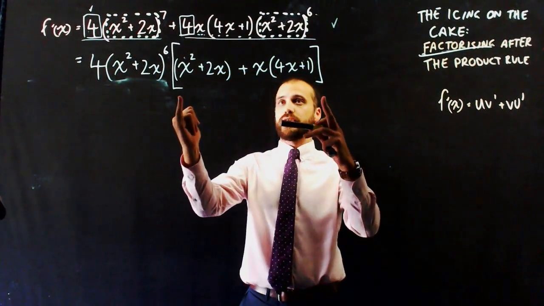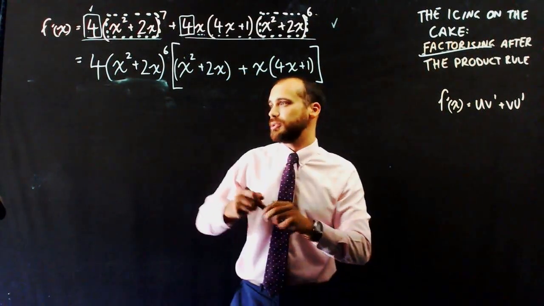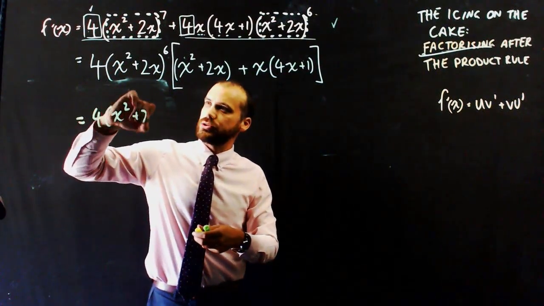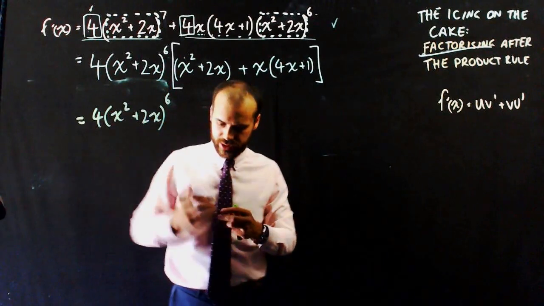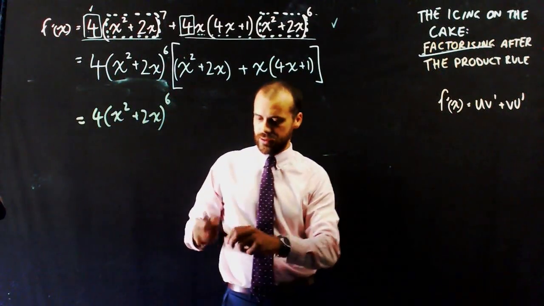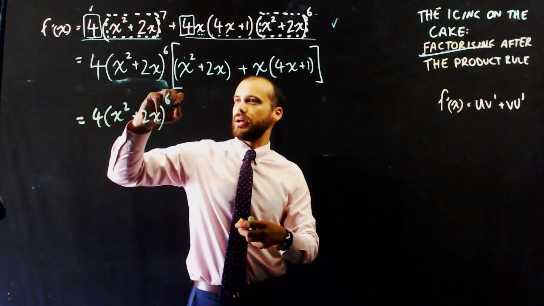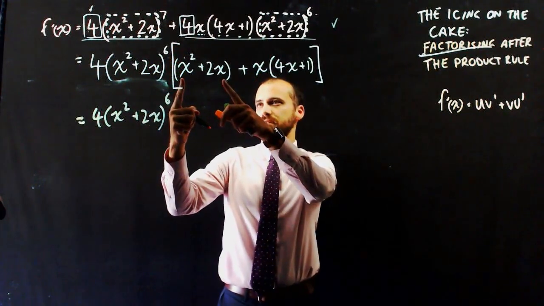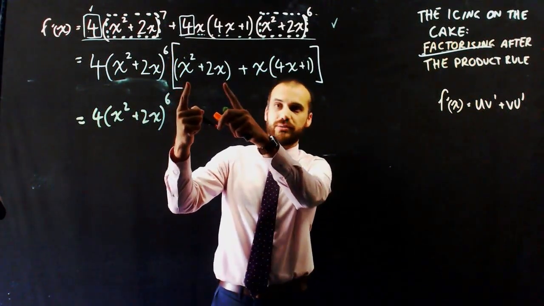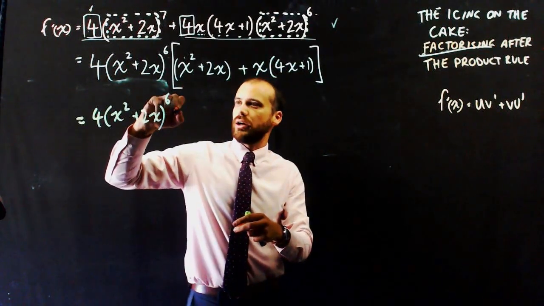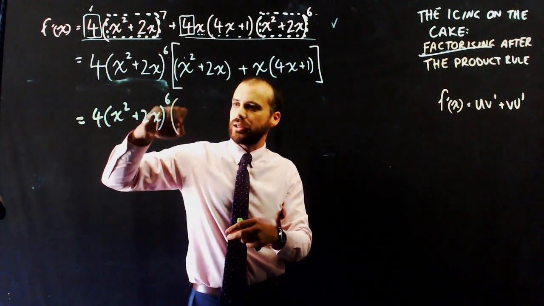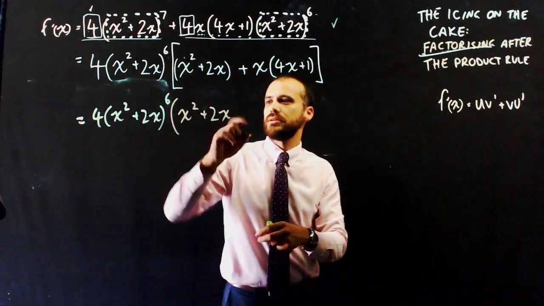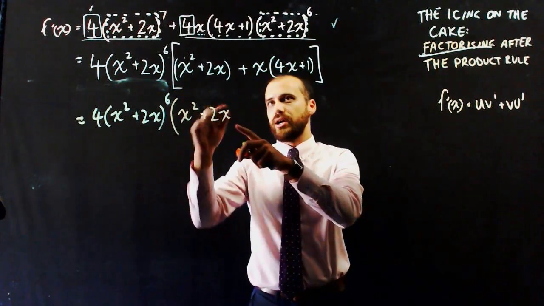Now, let's work inside of this bracket to neaten it up a little bit. x squared plus 2x to the power of 6. That pen's a bit squeaky. I don't really need that square bracket in there. And I don't really need these in a bracket because they're not being multiplied by anything. So, I can just do bracket x squared plus 2x. So they don't need to be in that bracket.